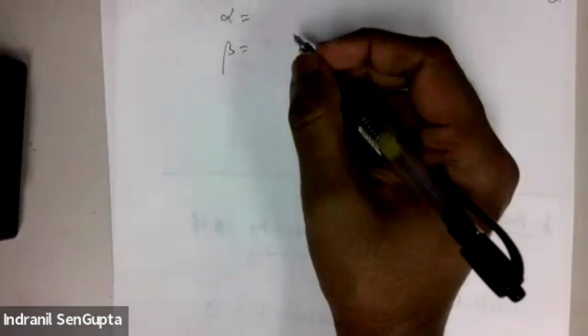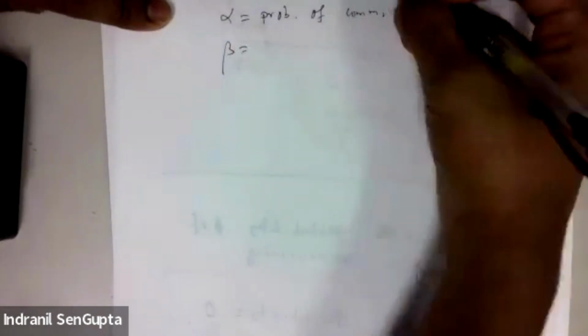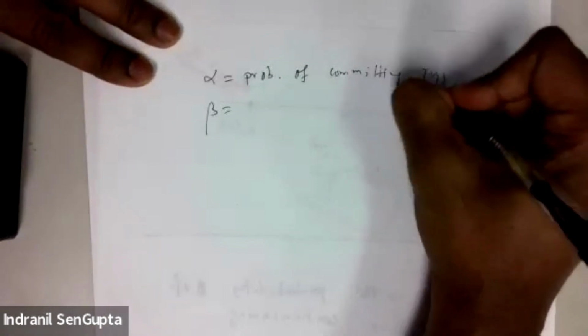Okay. Let's define alpha. I mean, we have already defined alpha and beta. So what was the alpha? Alpha is the probability of committing type 1 error.